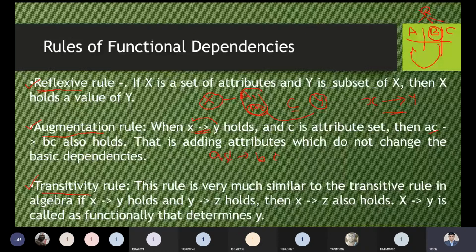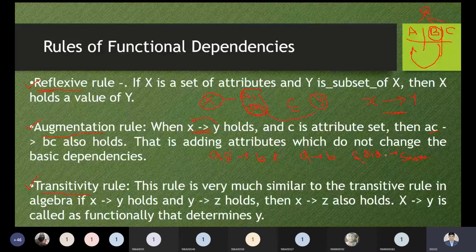The same thing we can say for any relation, as we have already seen: student ID determines student name. This is a point we know. If we make the relation like this, student ID and age, now we are following the composite concept.